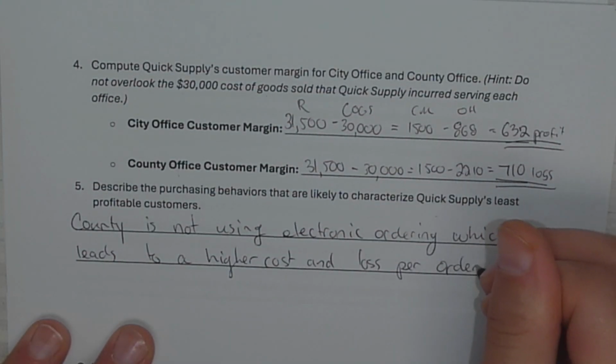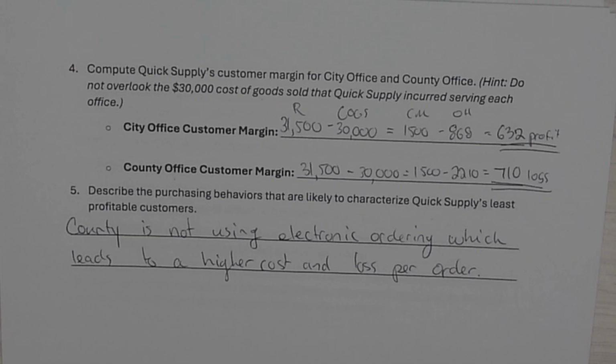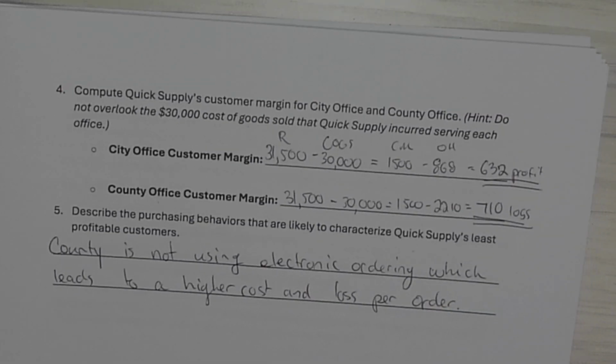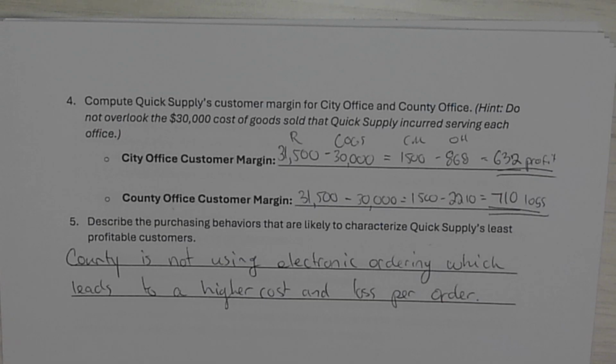So Quick Supply needs to train their customers in the county how to use their electronic ordering system. By doing that, they can reduce their costs. Or vice versa, they need to charge a premium on manual orders so that they don't lose money per order.